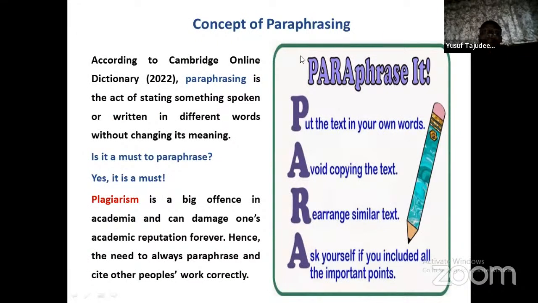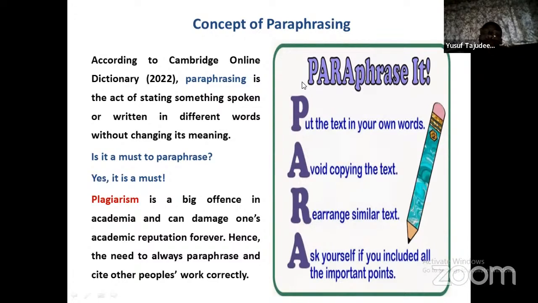The next is the concept of paraphrasing after getting your articles from those relevant databases. So what is paraphrasing? According to the Cambridge Online Dictionary, paraphrasing is the act of stating something spoken or written in different words without changing its meaning.